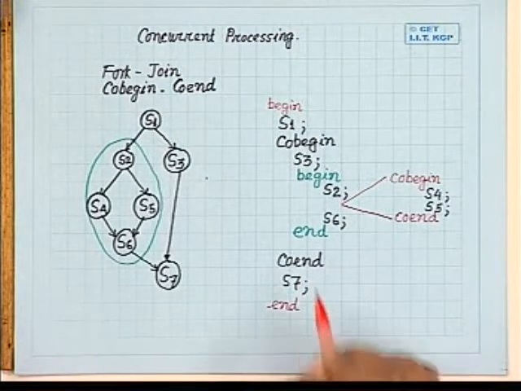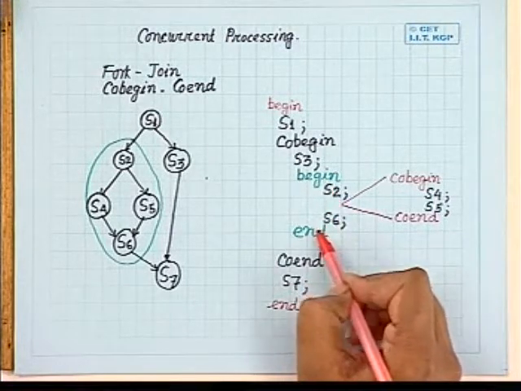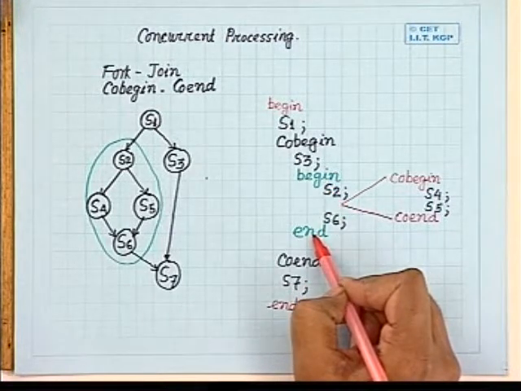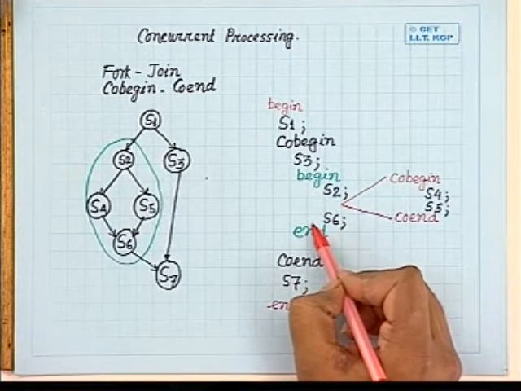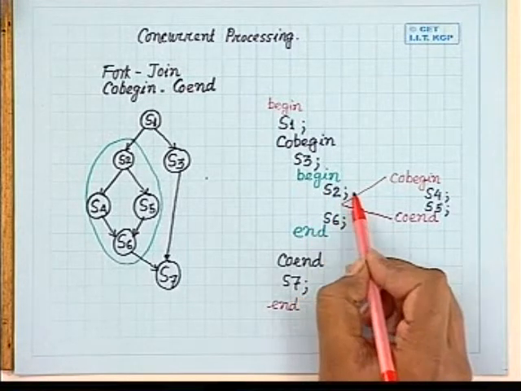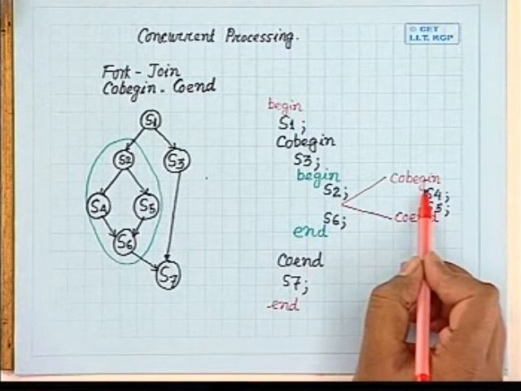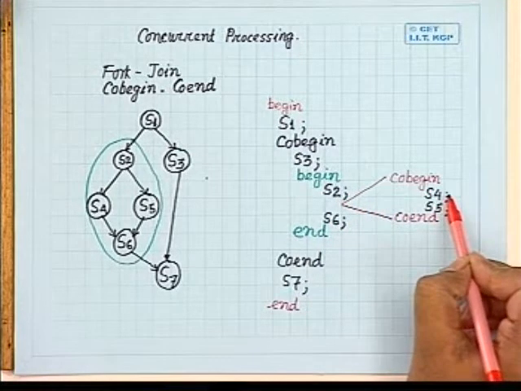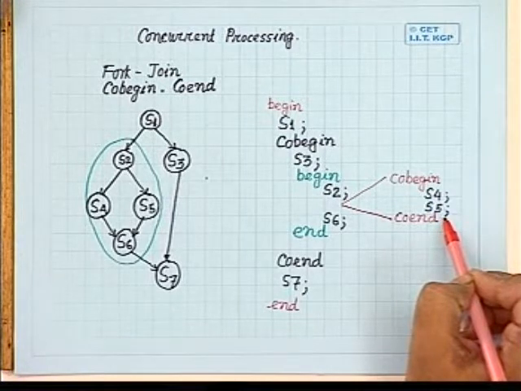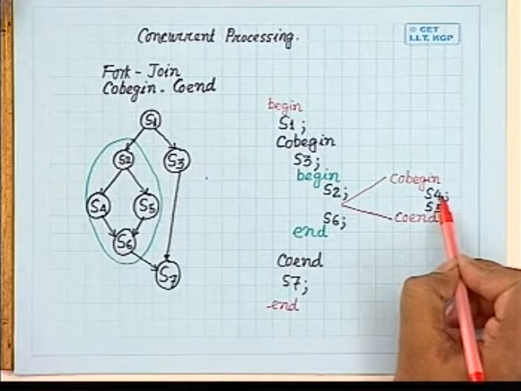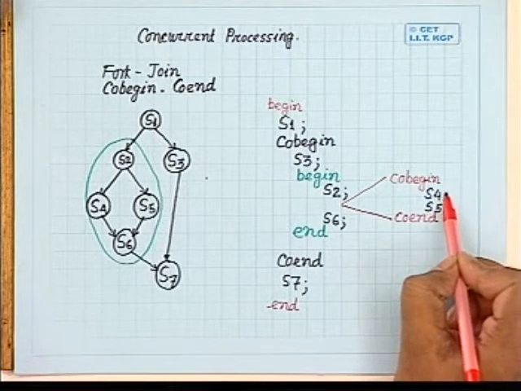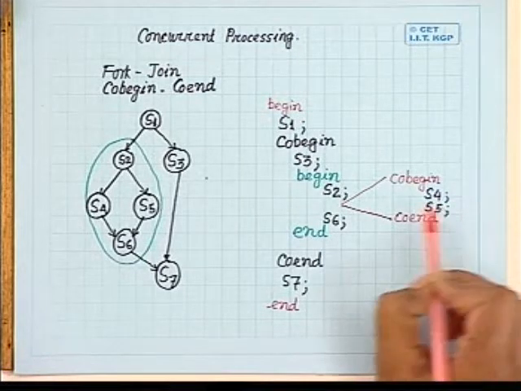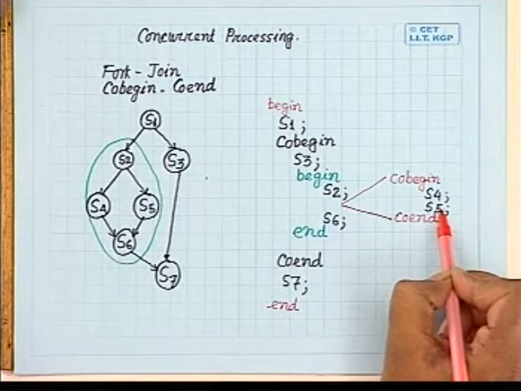Similarly, the child process which is executing this begin end structure will be the parent of the two processes executing S4 and S5. After creation of the processes executing S4 and S5, the child process which has created them will go to sleep.